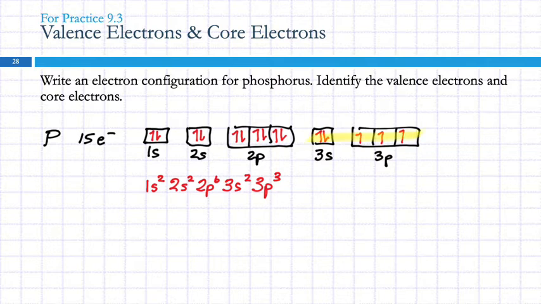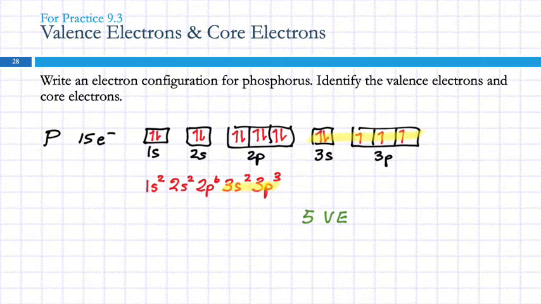How many is that? 5. And if we look at the electron configuration, we're looking for the highest big number. Well, 3 is the highest big number. 6 is the largest small number, but that doesn't matter for anything. So those are our valence electrons. So there are 5 valence electrons.